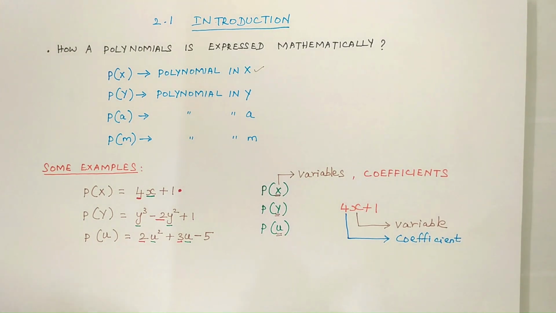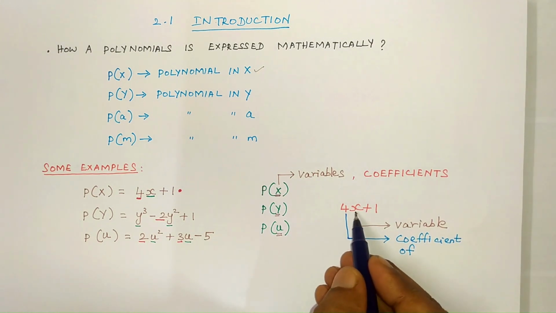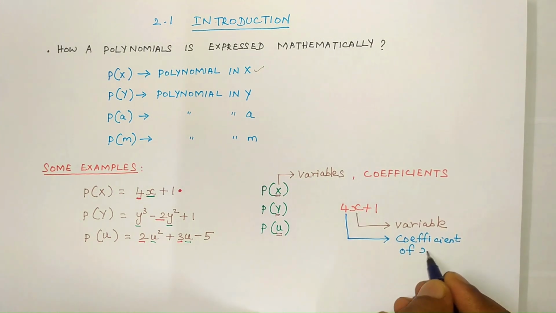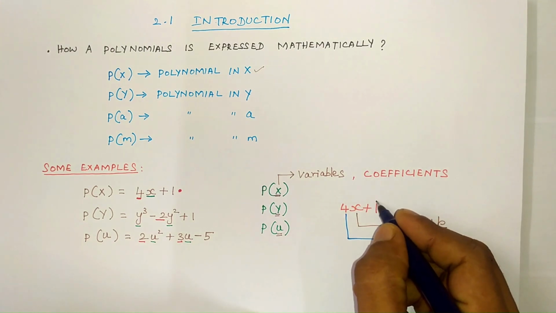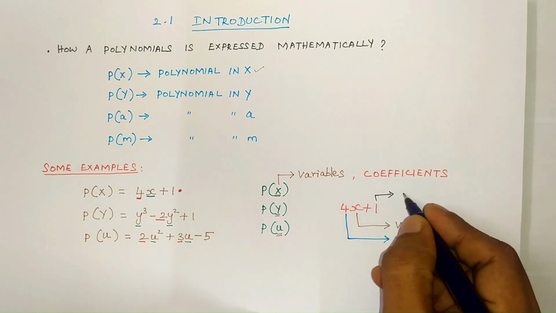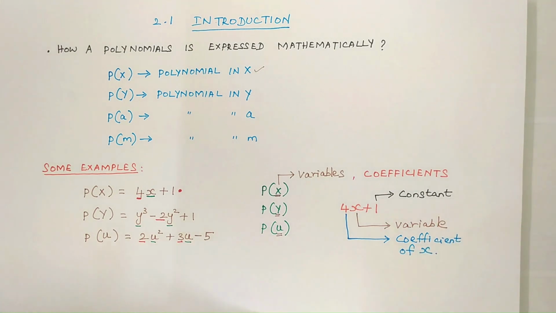This 4 is the coefficient of what? Of this x. It is the coefficient of x. Okay, fine. There is one more term, plus 1. This plus 1 is called a constant term.